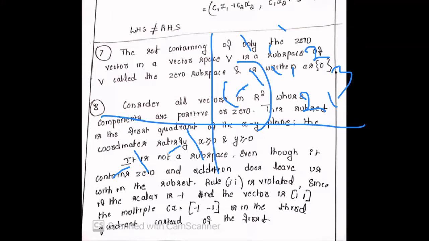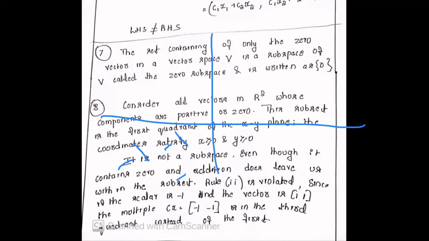But what if you consider both the first quadrant and the third quadrant? That may be the trick. You consider the first quadrant as well as the third quadrant together as a subspace. Then what happens? You consider (-1, -1). You multiply with -1. What you get is (1, 1). That comes in the first quadrant.